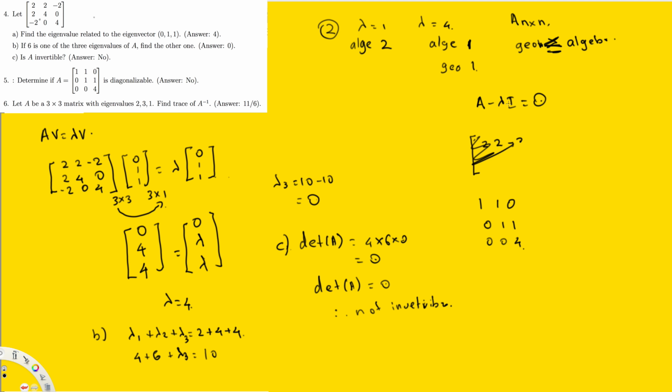Now, when you multiply lambda by the identity, it's just the diagonal, so when you subtract, you only subtract the diagonal. So it's going to be 1 minus lambda, 1, 0, 0, 1 minus lambda, 1, and the last row is 0, 0, 4 minus lambda.